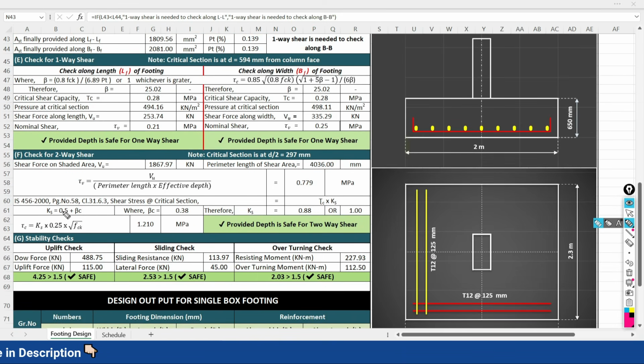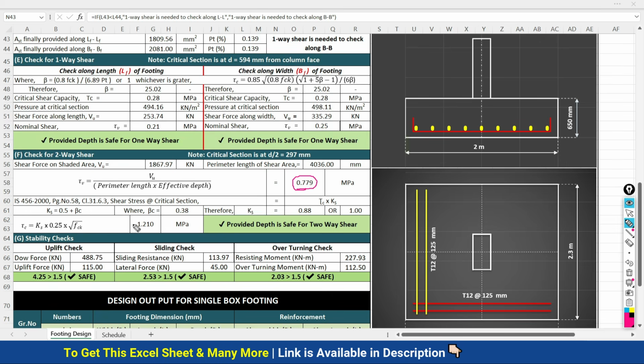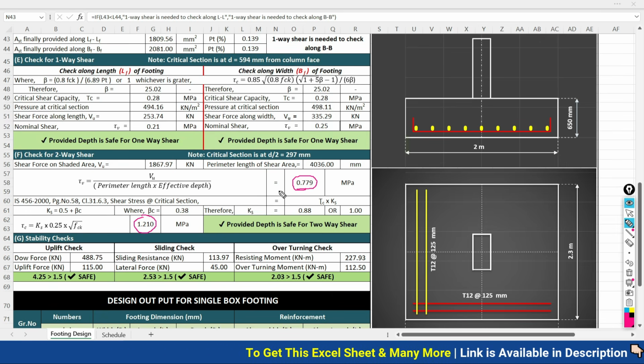So here again we are going to see the nominal shear. So nominal shear is 0.779 and critical shear is 1.21. So again your design is safe for the punching shear or two-way shear, because your nominal shear is less than your critical shear. So the provided depth is safe for the two-way shear.